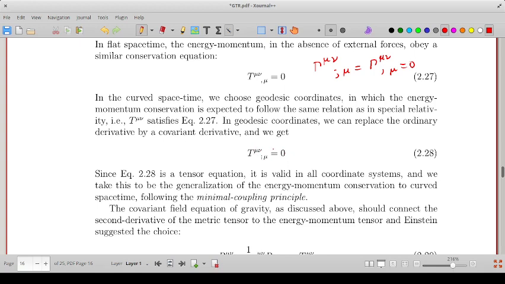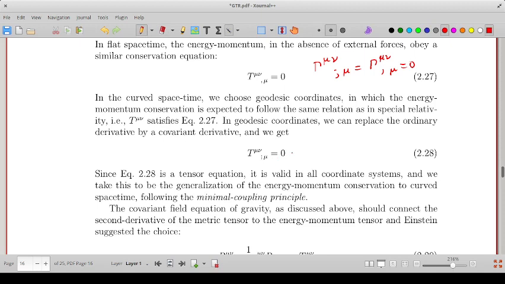This is because in geodesic coordinates this is exactly equal to T^μν_,μ, but the energy momentum tensor should satisfy the same equation as in the special theory of relativity in the local inertial coordinate system, which says that T^μν_,μ is equal to 0, and therefore in the geodesic coordinate system this is true.